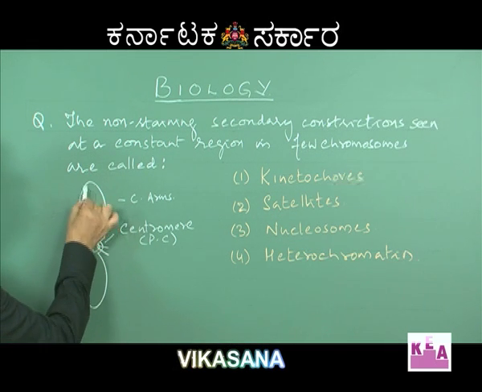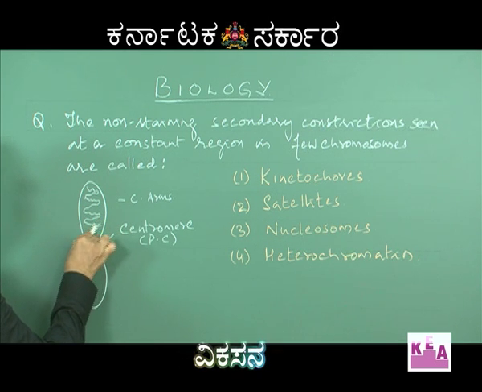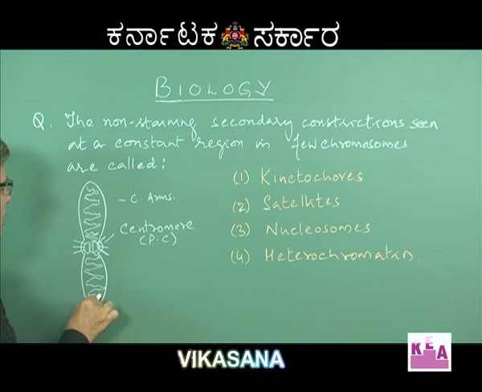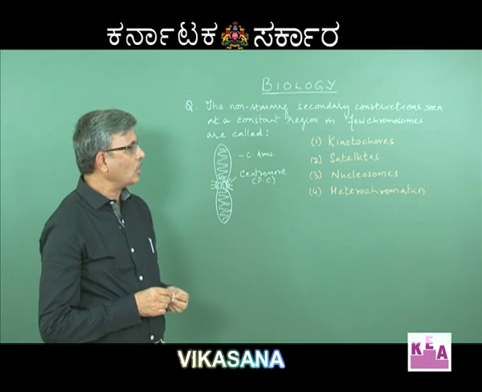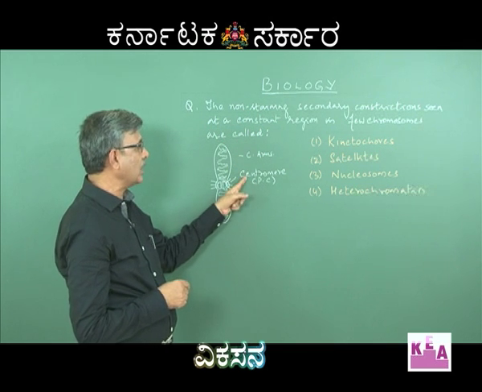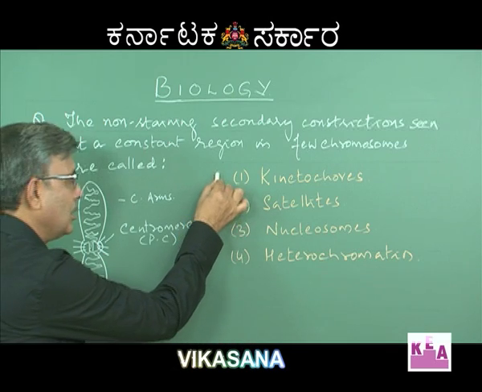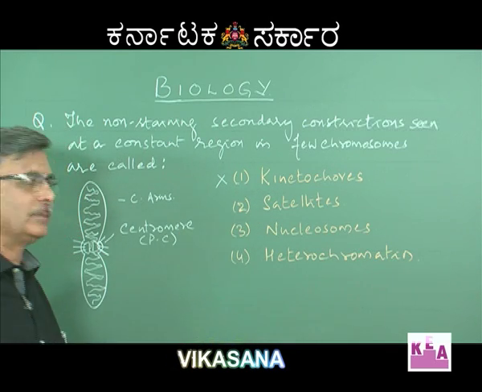and chromosomal arms are the ones where chromatin is going to be present. It passes through the centromere like this, simple thread like coiled structures. So, here non-staining secondary constriction, primary constriction is centromere, which is going to carry the kinetochore. Thereby this is not an answer.